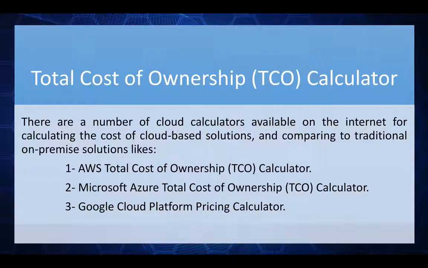The total cost of ownership (TCO) calculation. There are a number of cloud calculators available on the internet for calculating the cost of a cloud-based solution and comparing it to the traditional on-premise solution, like AWS Total Cost, Microsoft Azure, and Google Cloud Platform.